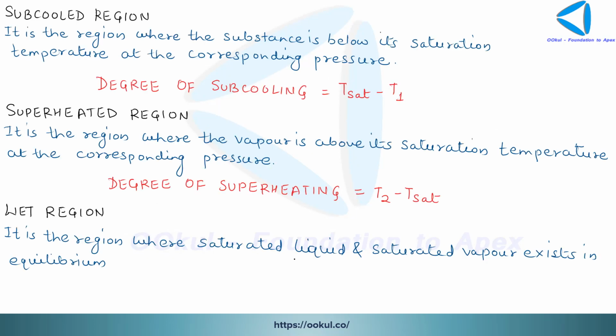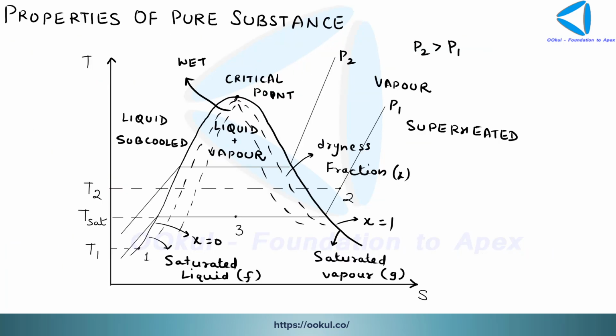First of all, we see the subcooled region. It is the region where the substance is below its saturation temperature at the corresponding pressure. Now see, this T saturation is the saturation temperature corresponding to this pressure P1. So any substance at pressure P1 that is below the temperature T sat will be in the subcooled region.